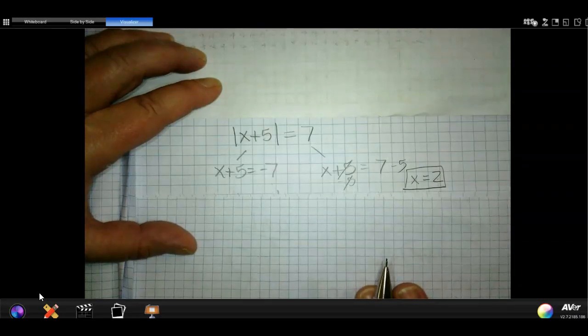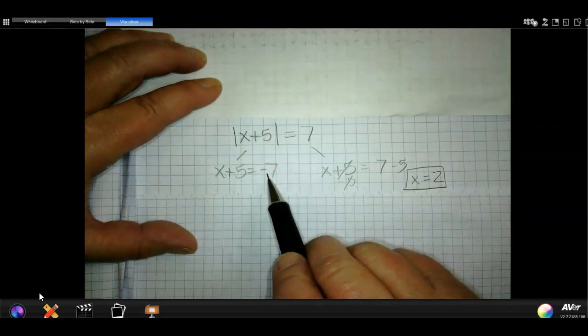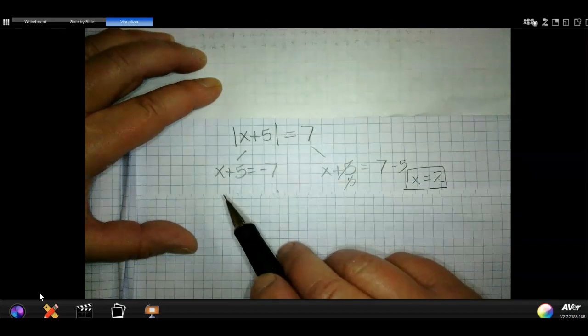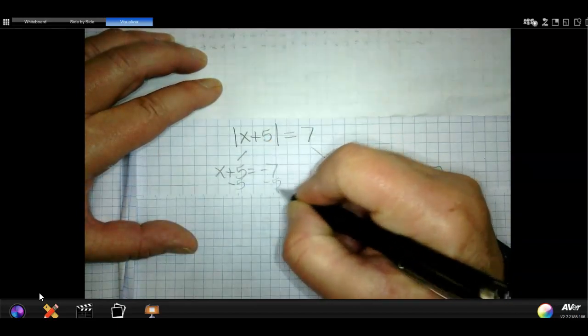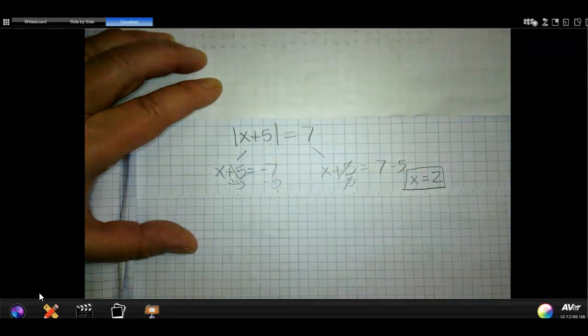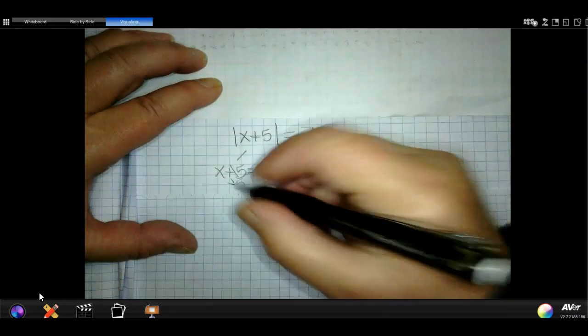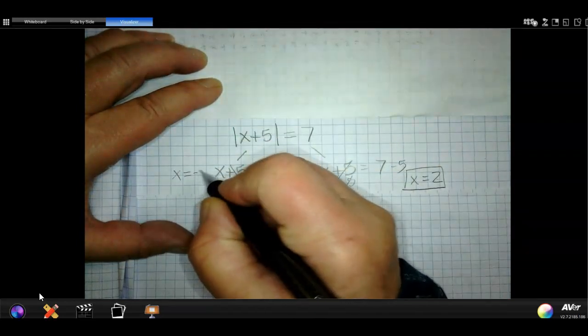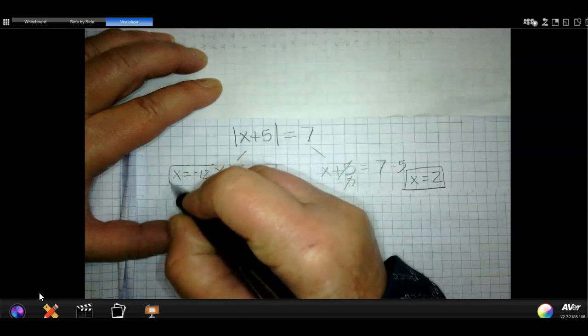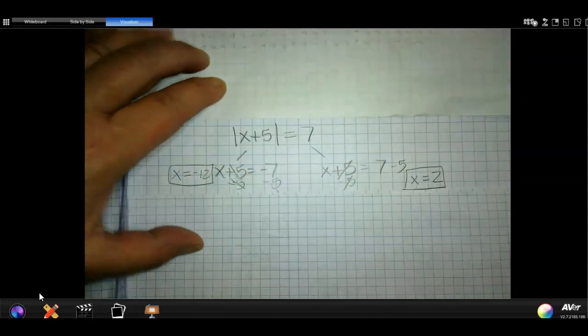So now let's go ahead and solve for -7 on the other side of the number line. So let's subtract 5 from both sides and look what we ended up with. We end up with x equals -12, which I also hope you remember.